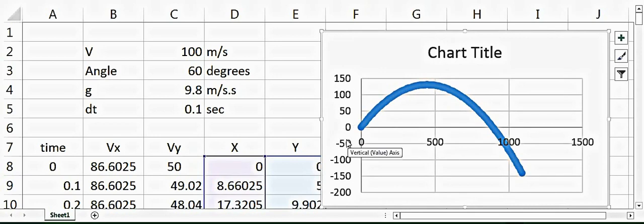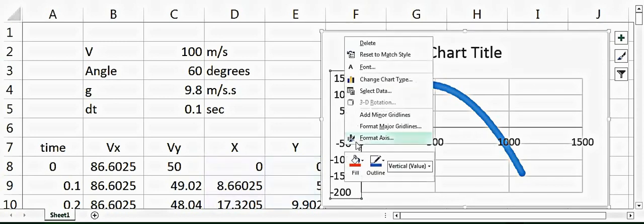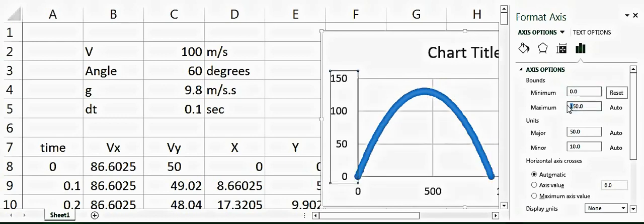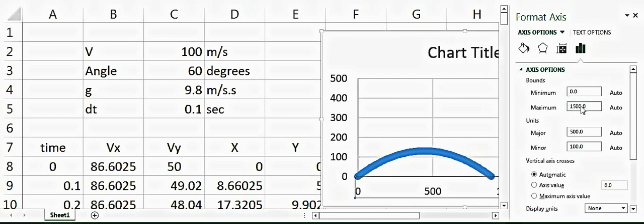For that I can format the axis and set the minimum to be 0 and the maximum, let's do 500 here, though I have to see what the range of the simulation is. And in the same way for y, let's fix it to 2500. Now you can see that this is the trajectory of the ball.